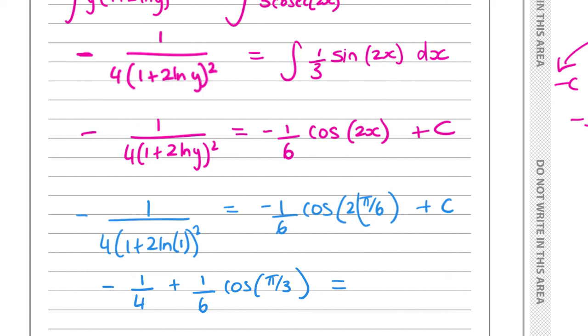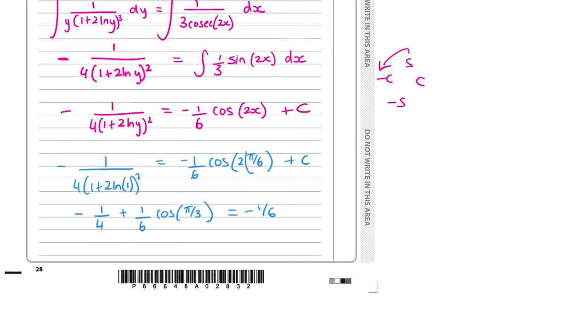Radians. Okay, so minus a quarter plus a sixth cos shift pi over 3. Minus a sixth. It's fantastic news. Okay?